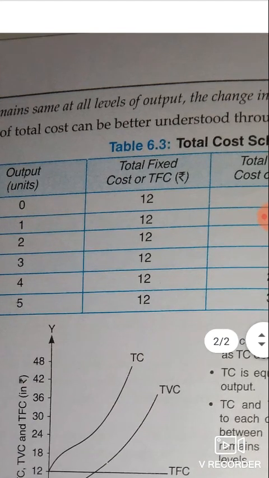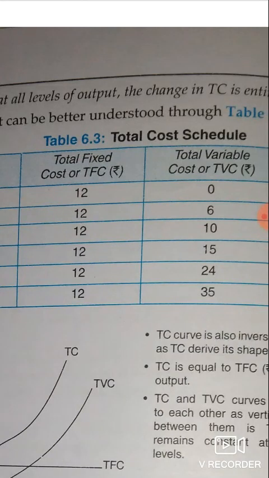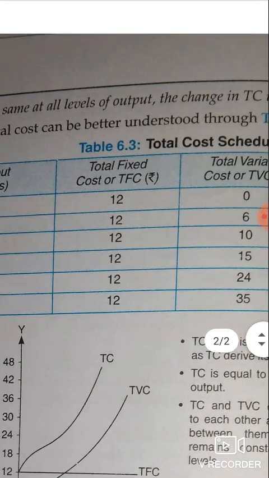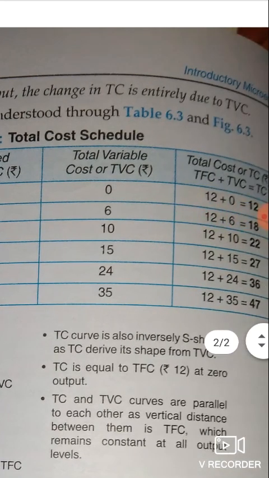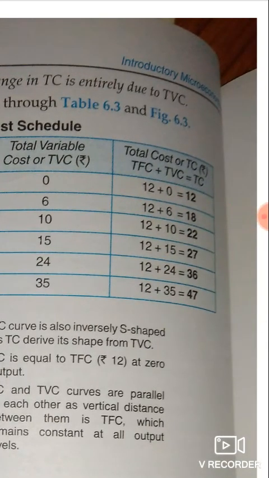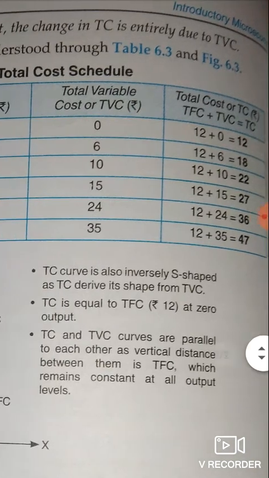As you know, it remains constant. The total variable cost at the 0 level is 0, first level is 6, second level is 10, third level is 15, then 24, and 35. Now, if you add both TFC plus TVC, it becomes TC, as given in the table.